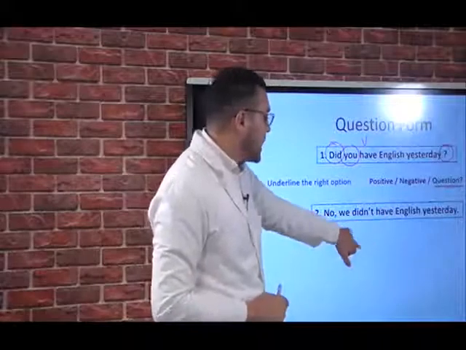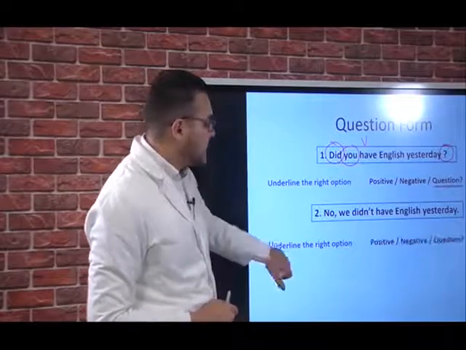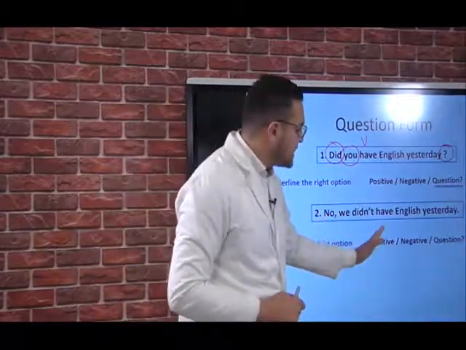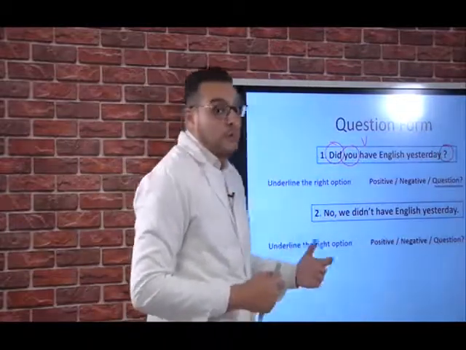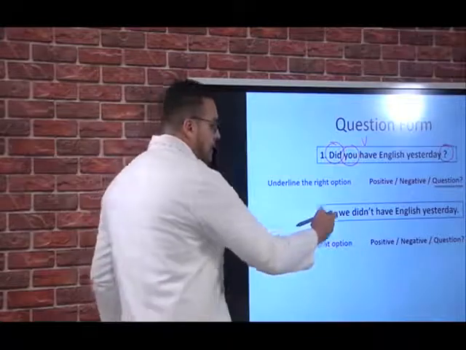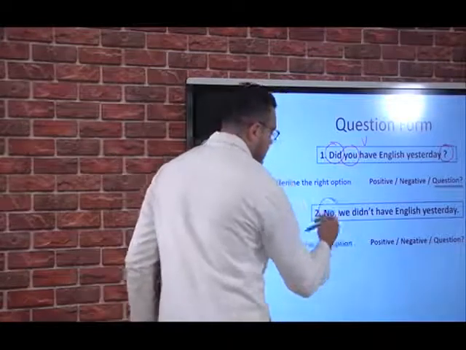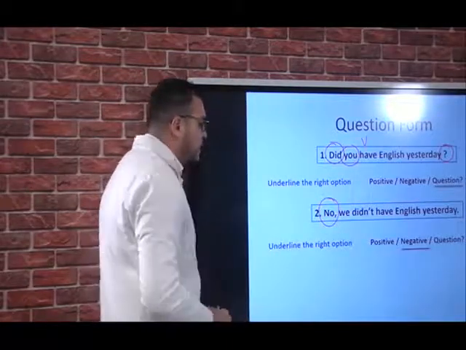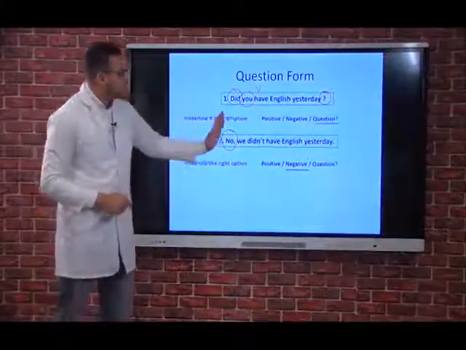It's a negative form. So let's underline the option. Positive, negative, question. Of course, it's negative with no. And we say, no, we didn't have English.